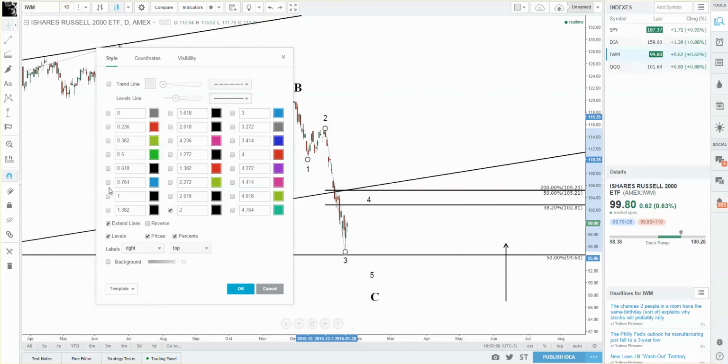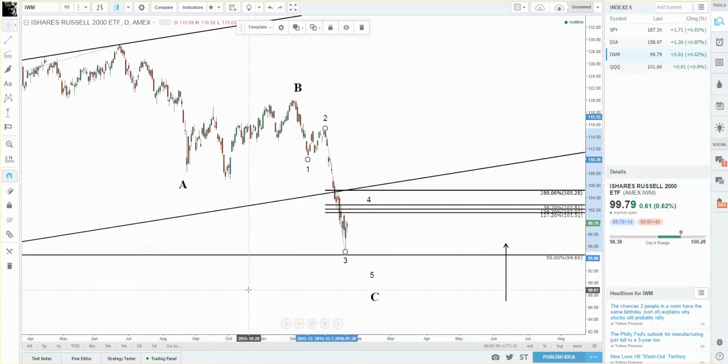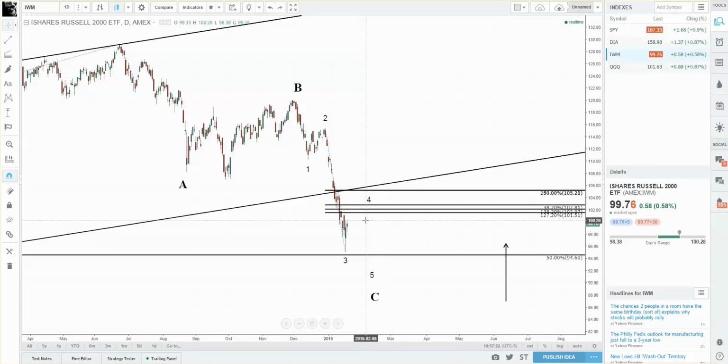Let's go over to the next fib level, which is the 138. And the 1272. Okay, so this is proving to be a little bit of a zone here, anywhere between 101.50 and 102.81. So this would be an ideal stopping point for wave 4.